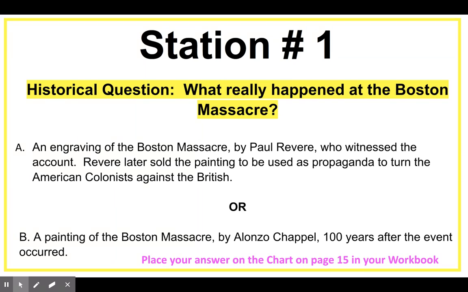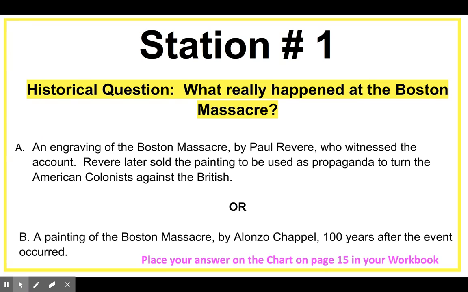All right, we're back. Which source do you trust the most? I picked the engraving. Even though Paul Revere didn't witness the event, he was not at the massacre, he was in Boston at the time it occurred. And even though he was using it as propaganda, it was biased, definitely biased. I might use that one over the example done 100 years later.